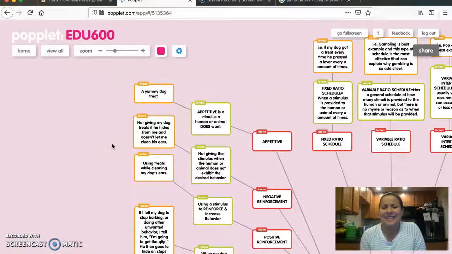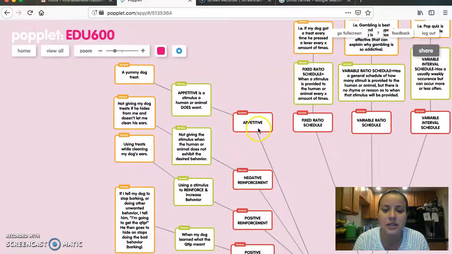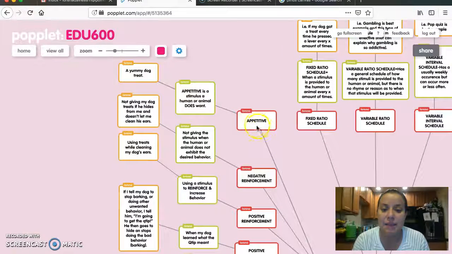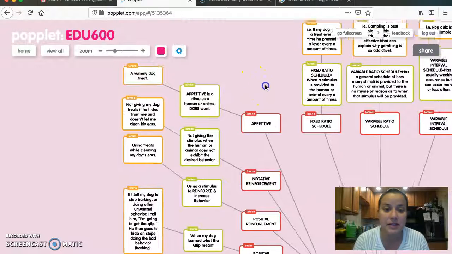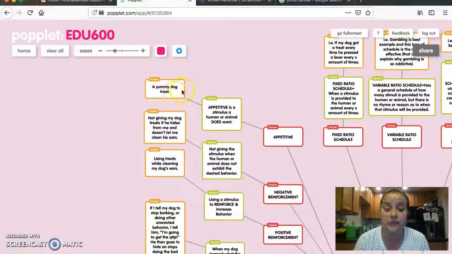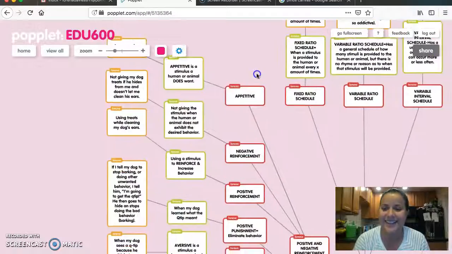I've never really done that so much, but yeah. So the next part of the positive and negative reinforcement is appetitive. I'm probably pronouncing that wrong. It is a stimulus a human or animal does want. So he always wants a yummy treat.